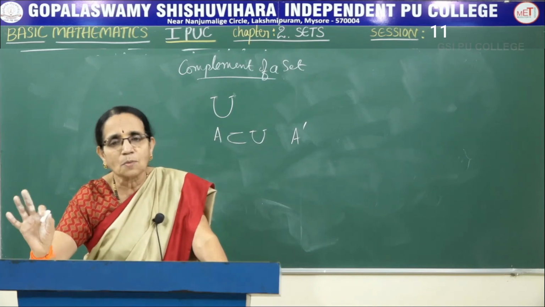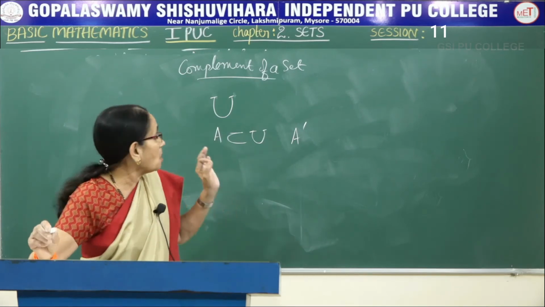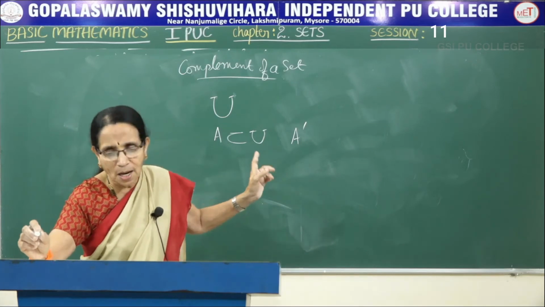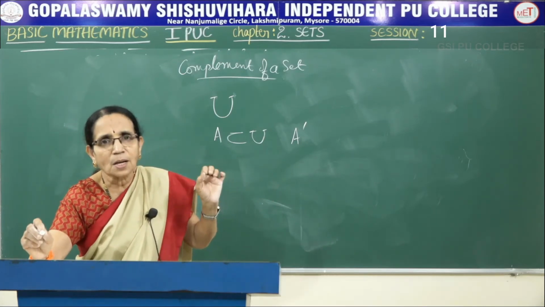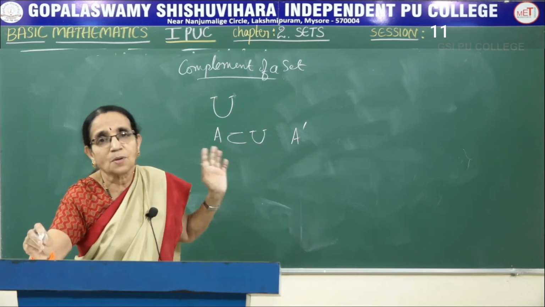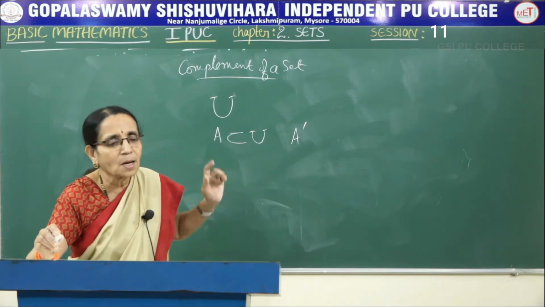Let U be the universal set and A be a subset of U. Then the complement of the set A, denoted by A dash, is the set of elements of U which do not belong to the set A, and it is usually denoted by A dash.